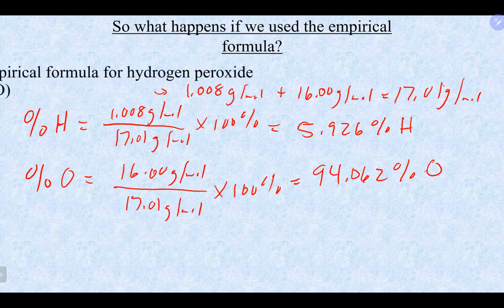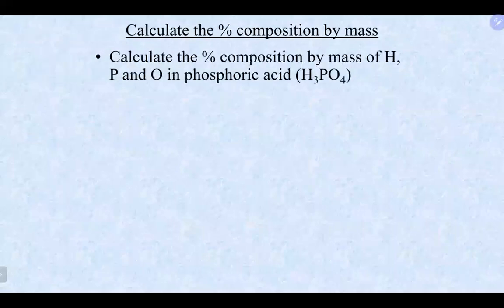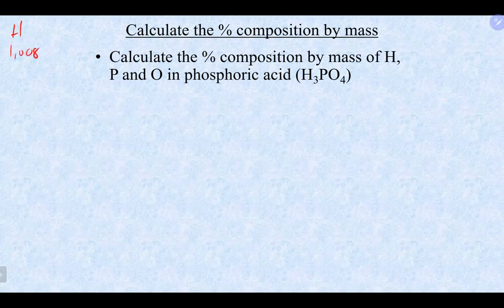All right, so let's try one for yourself, perhaps. What is the percent composition of each of the elements in phosphoric acid? So hydrogen 1.008, oxygen 16, and phosphorus 30.97.